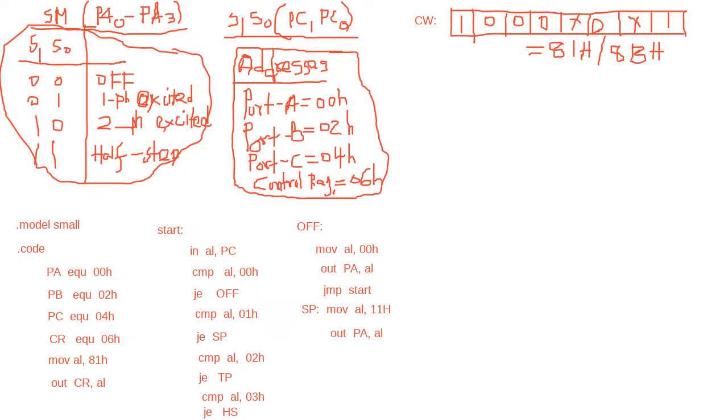then rotate left AL comma 1, and then jump L. Where actually L is here, right?